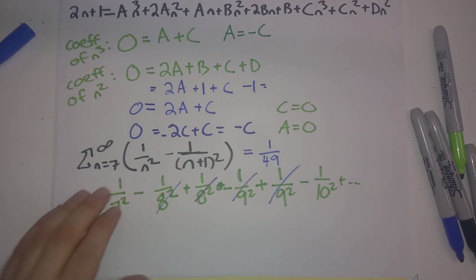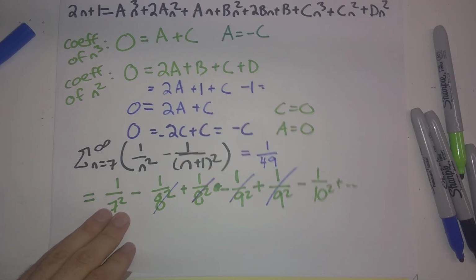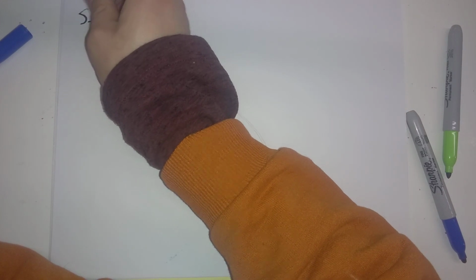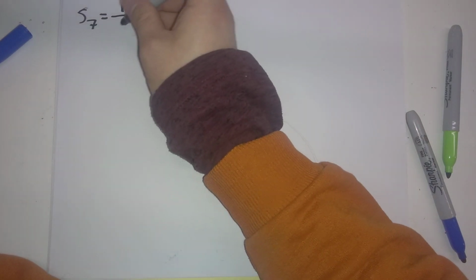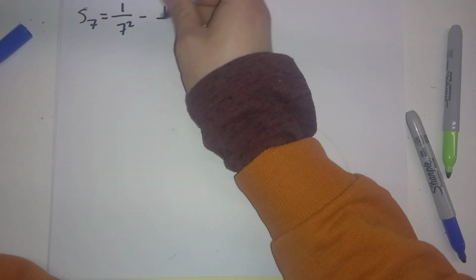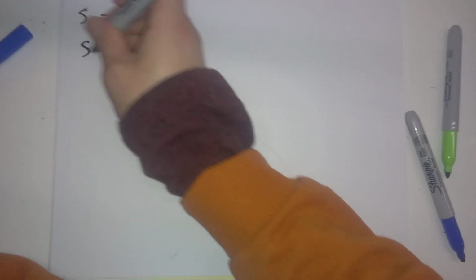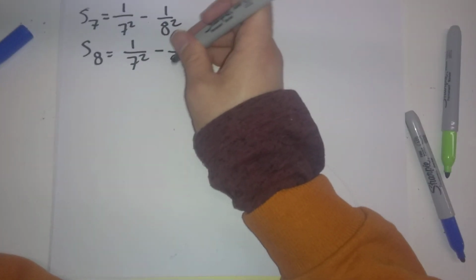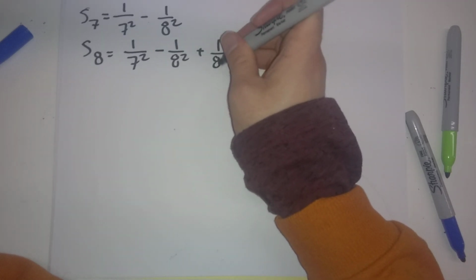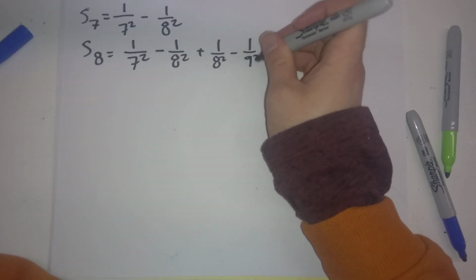If you want to see a more formal way to do this, we can do this using partial sums. So S sub 7, the partial sum of all the terms up to n equal to 7, is just 1 over 7 squared minus 1 over 8 squared. S sub 8 is 1 over 7 squared minus 1 over 8 squared, plus 1 over 8 squared minus 1 over 9 squared.